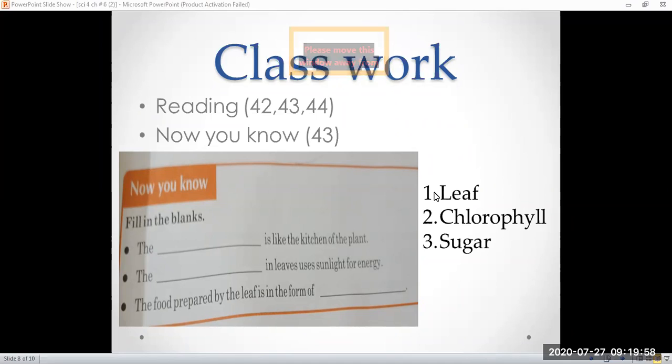Water absorbed by the roots moves upwards and reaches the leaf through the stem and the veins. Chlorophyll uses sunlight for energy and changes water and carbon dioxide gas into sugar. This sugar is plant food.